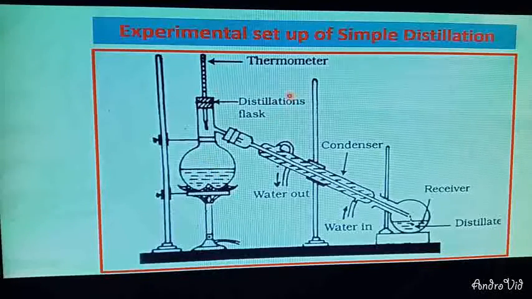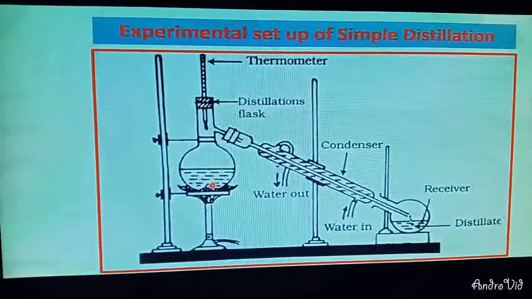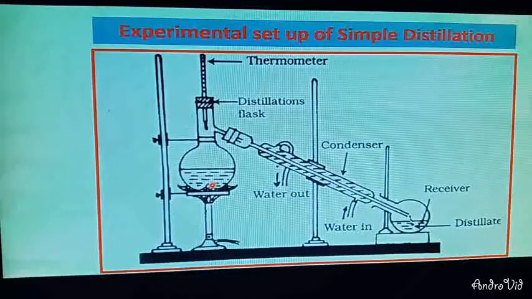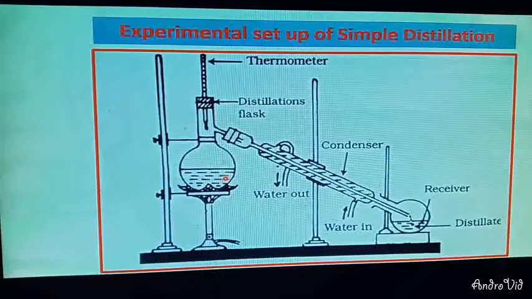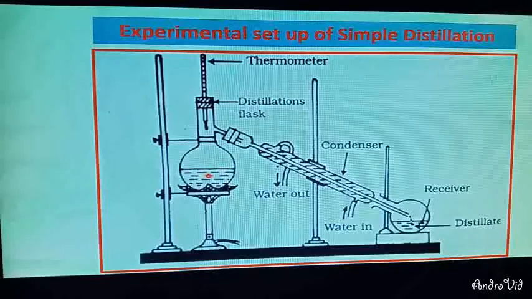The distillation flask contains the liquid substances that need to be separated from each other. This is the solution. When you heat up the system, the liquid substance which has a comparatively lower boiling point will vaporize first.